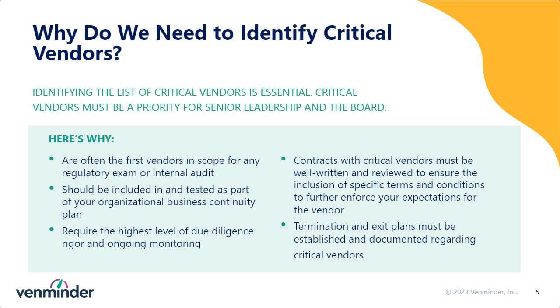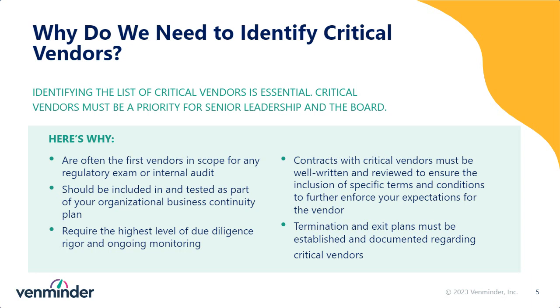Your organization should consider and include them as part of your own business continuity and disaster recovery planning, and consider them in your organizational business impact analysis. Critical vendors also require the highest level of due diligence. You know, we leave no stone unturned.